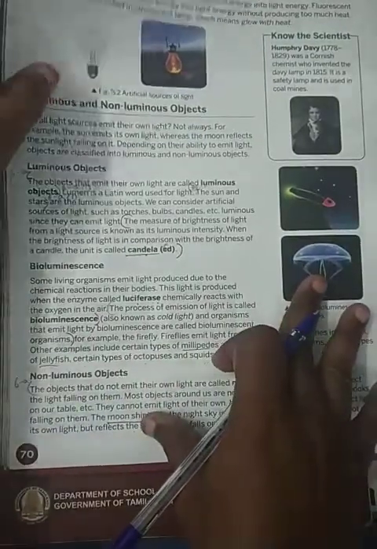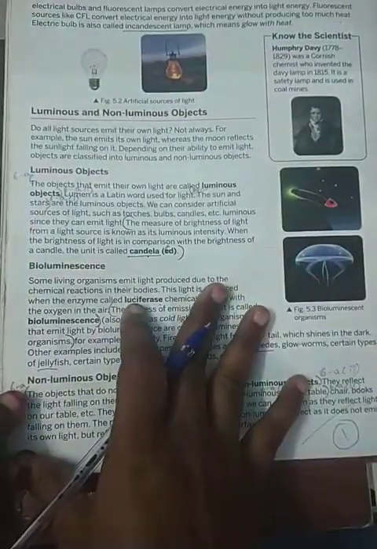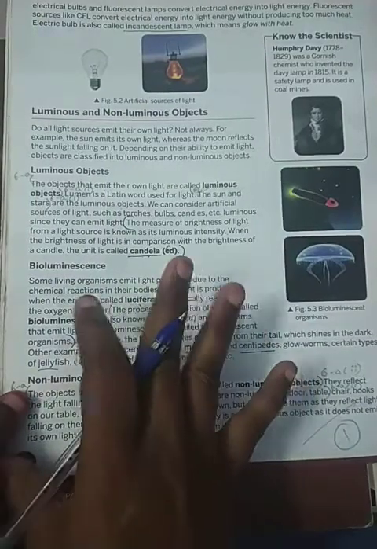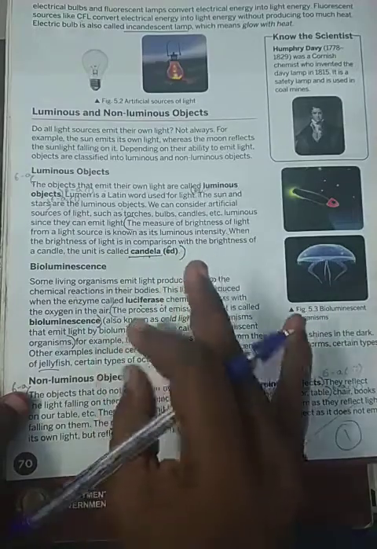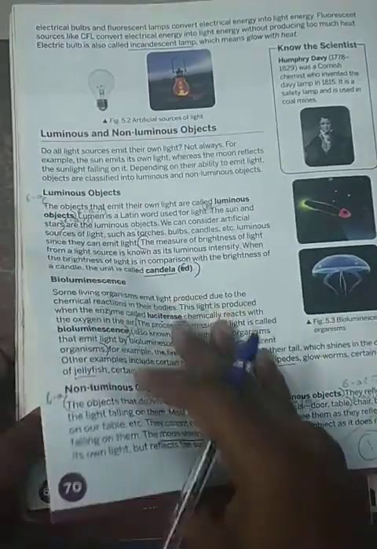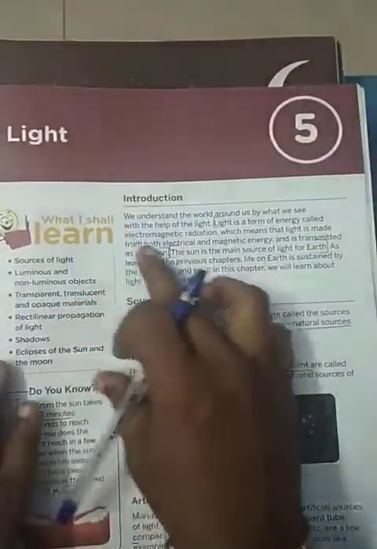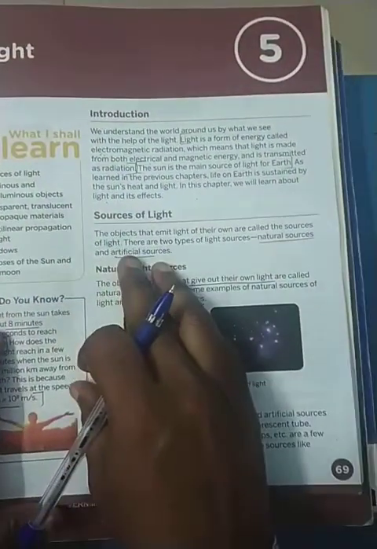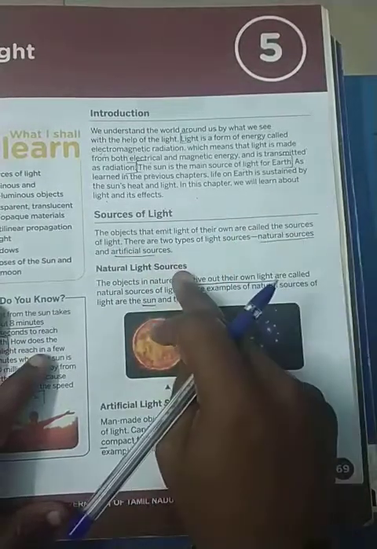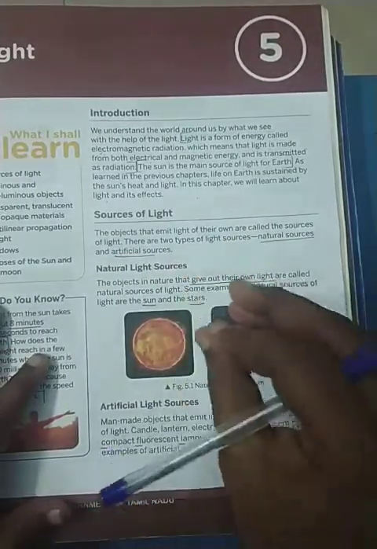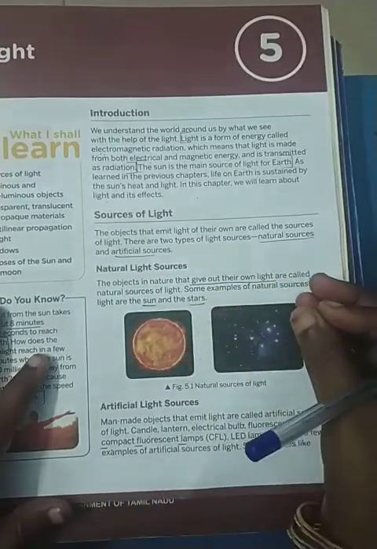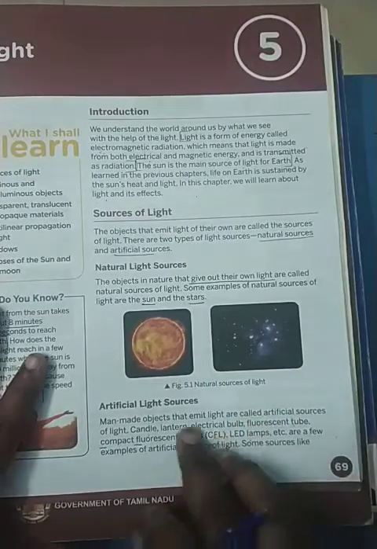Okay, so in this whole topic, what we have learnt is what light energy is. Light energy is nothing but a combination of electrical and magnetic energy, which is transmitted in the form of radiation. And what are the sources of light? We have two sources, natural sources and artificial sources. Natural sources emit their own light, whereas artificial sources are man-made objects.